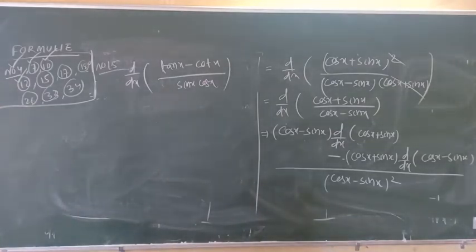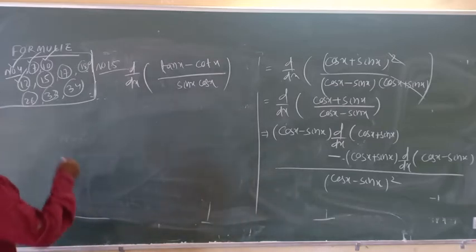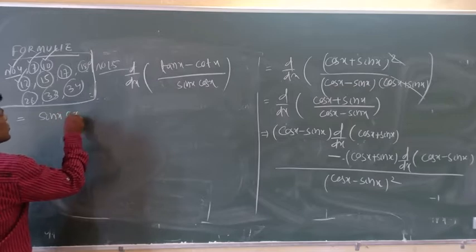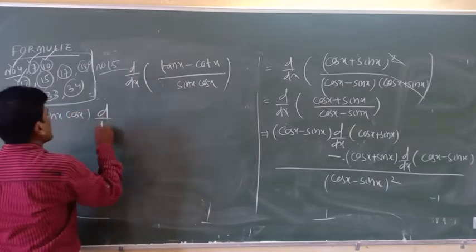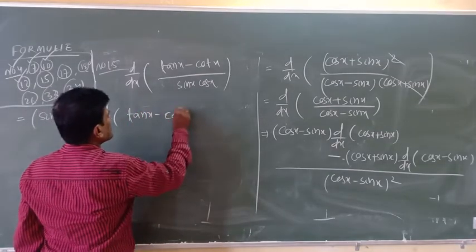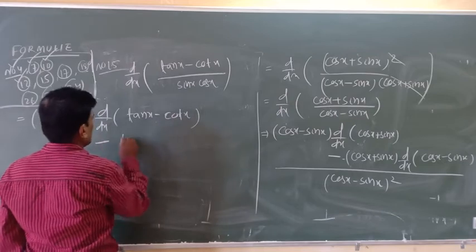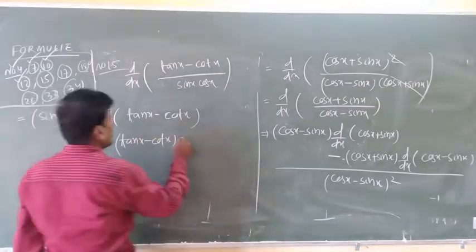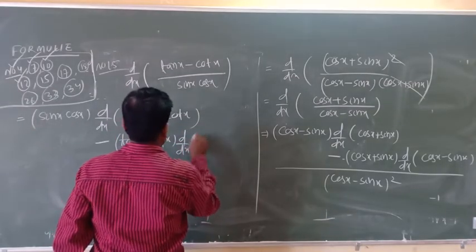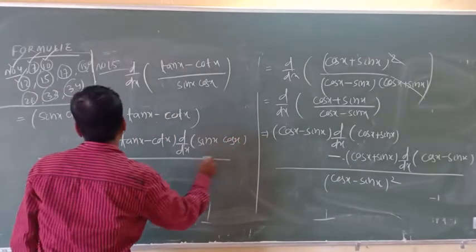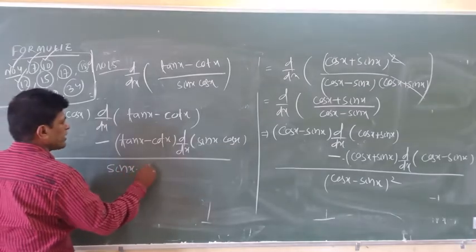You can use the derivative formula directly, it is just the division formula of derivative. Take sin x into cos x, the denominator, as constant, times the derivative of the numerator, tan x minus cot x, minus the numerator, tan x minus cot x, as constant, times the derivative of the denominator sin x into cos x, whole divided by (sin x into cos x) whole square.